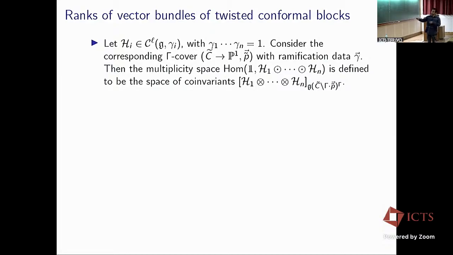Then you define the fusion product to be such that this gets identified with this. So that's how you go from twisted conformal blocks to modular functors, and from the modular functor to the fusion product.